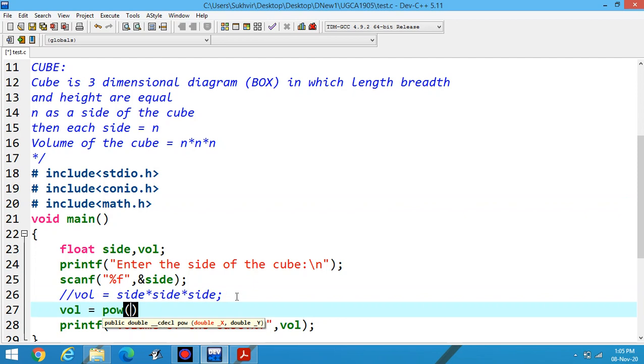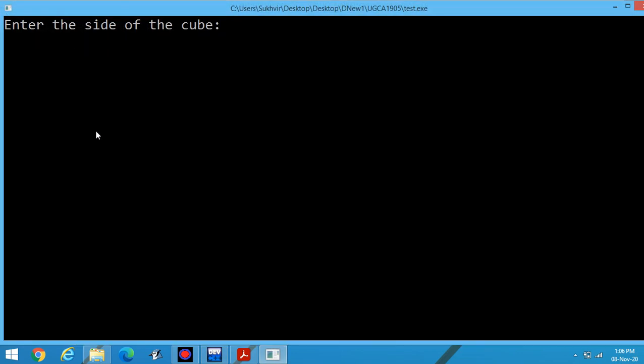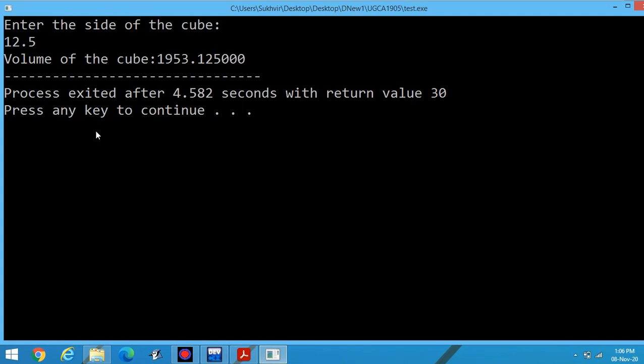One is side and second is the power. One is base and second is exponent. Now execute the program. Compile and run. Suppose I am writing 12.5. It means I can print the data accordingly.